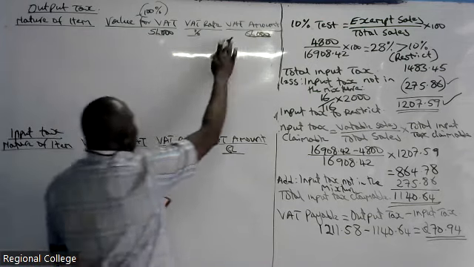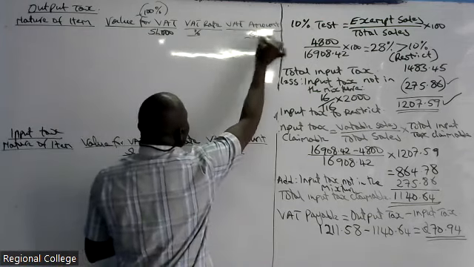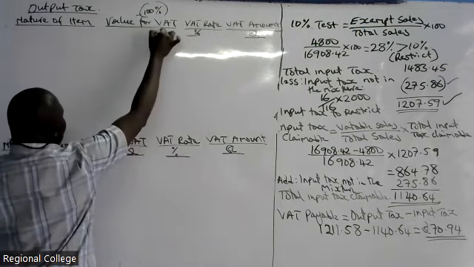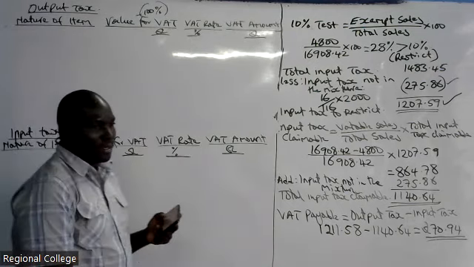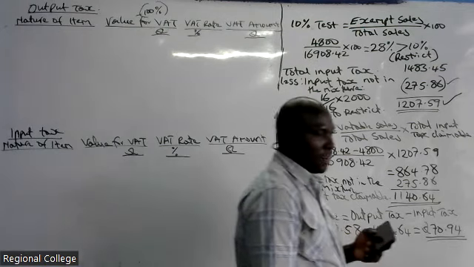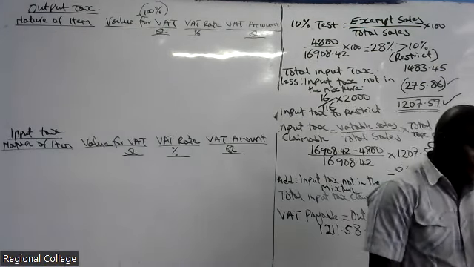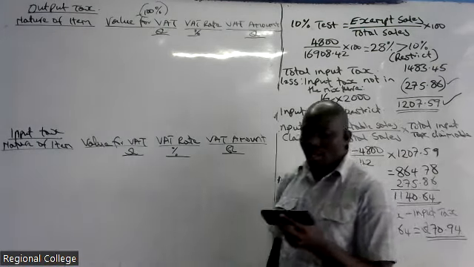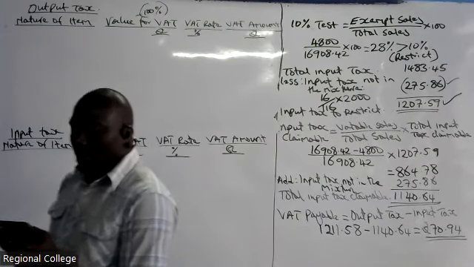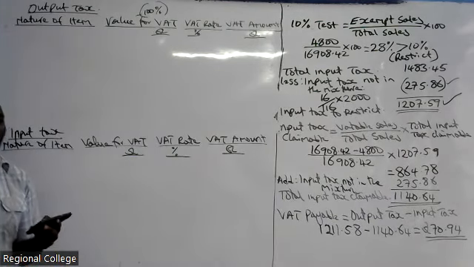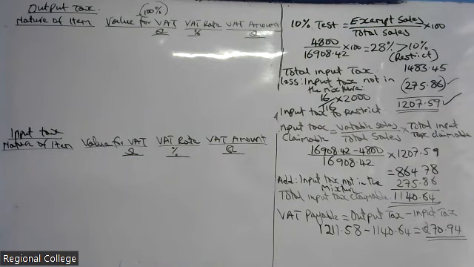Then round, we can just have the shillings. Maybe we can start with additional information.